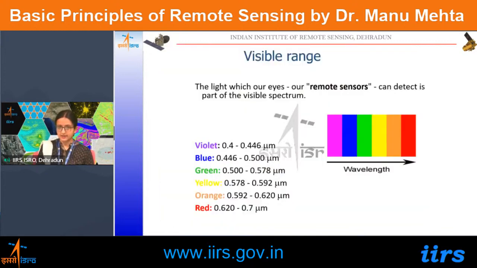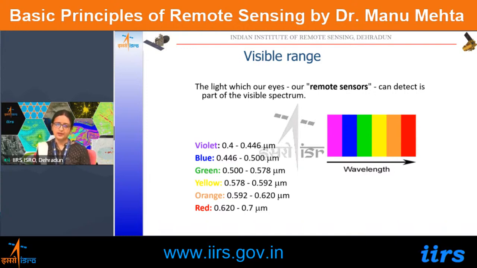Now, as I said, we will be looking mainly at visible, infrared and microwave. So let's have a glance at the properties of this range of electromagnetic radiation. The visible range is from 0.4 to 0.7 micrometers. You can easily recognize it in different colors.